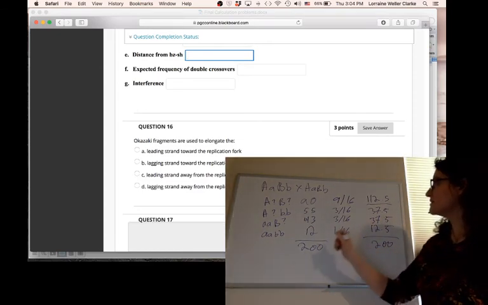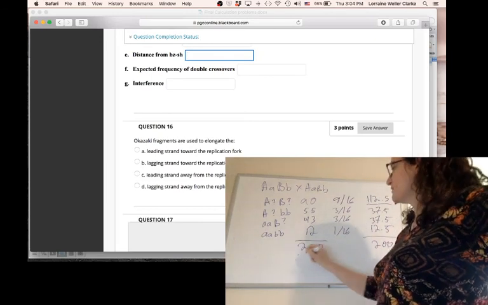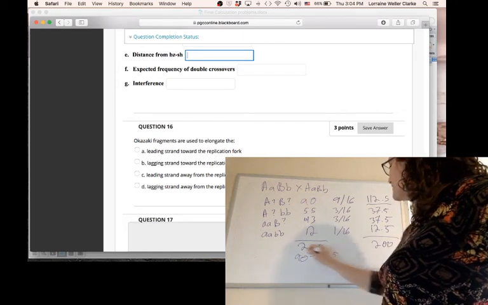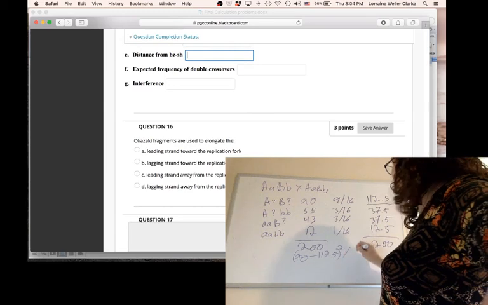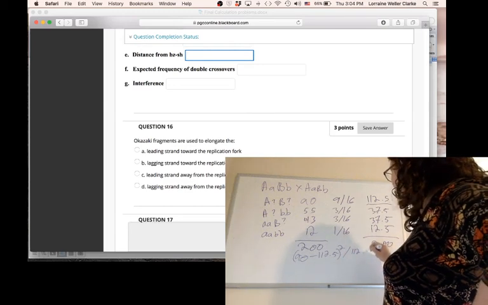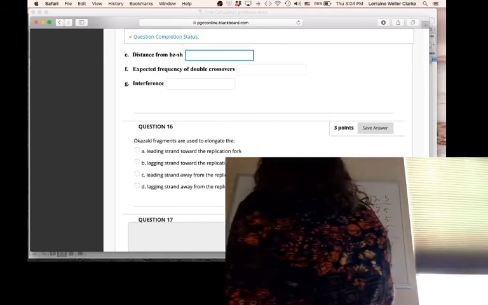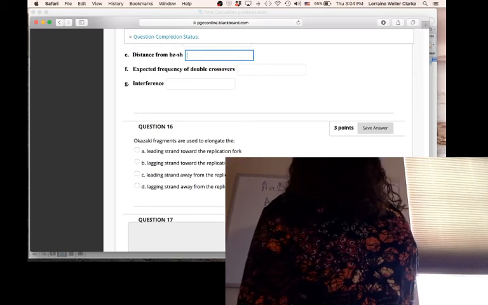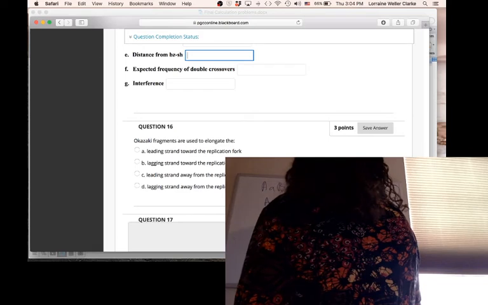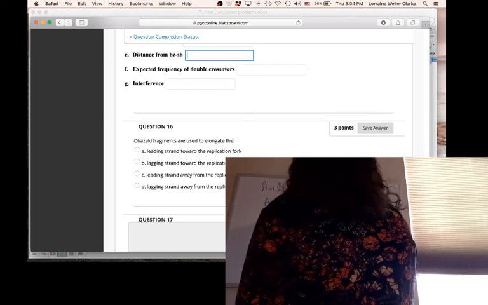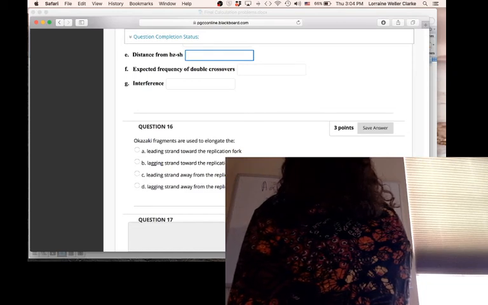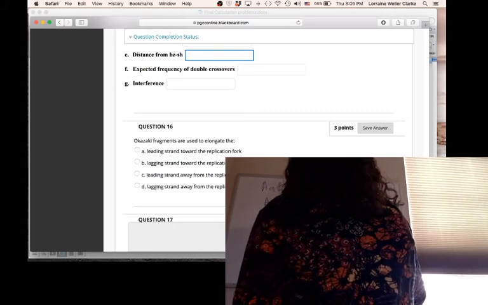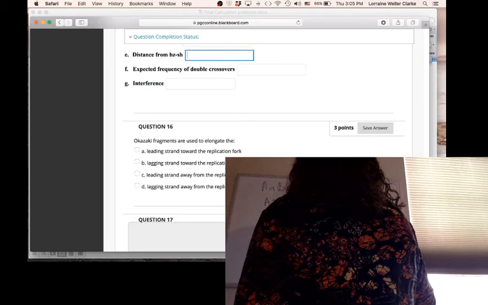So it would be observed 90 minus 12.5 squared over expected 12.5; 55 minus 37.5 squared over 37.5; 43 minus 7.5 squared over 37.5.